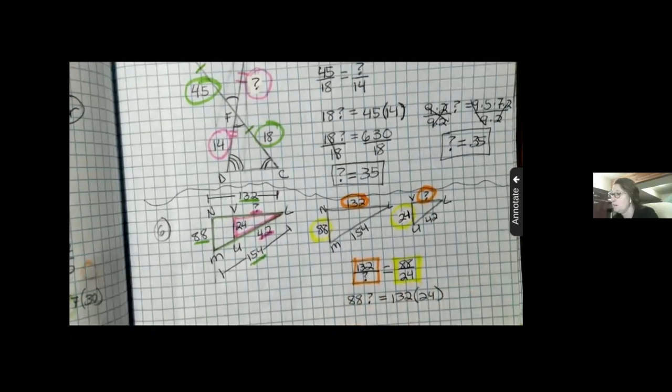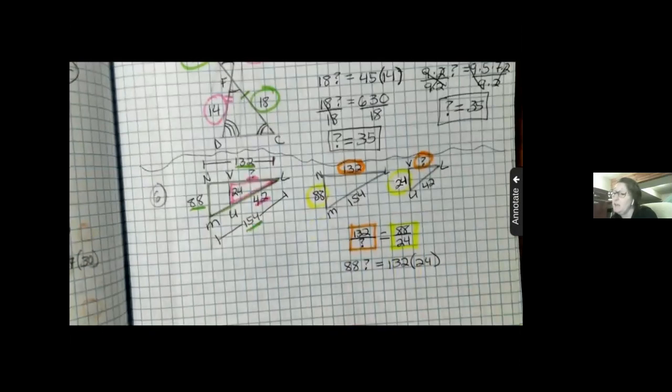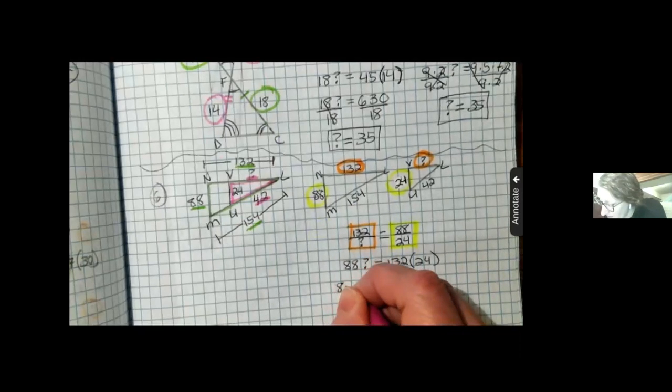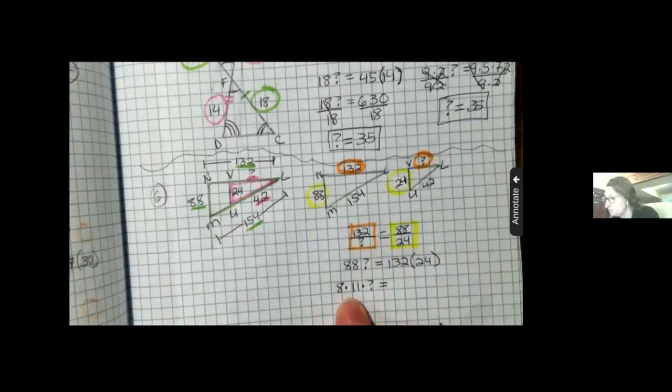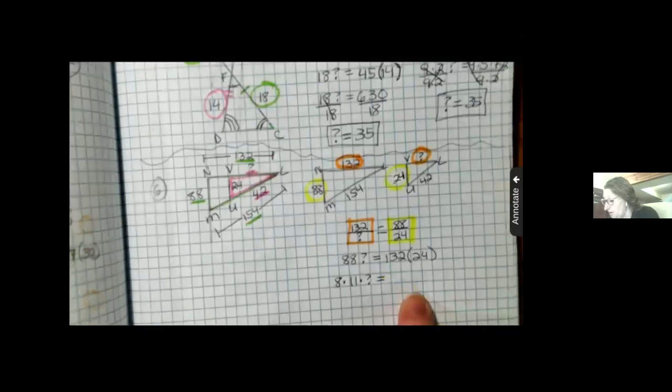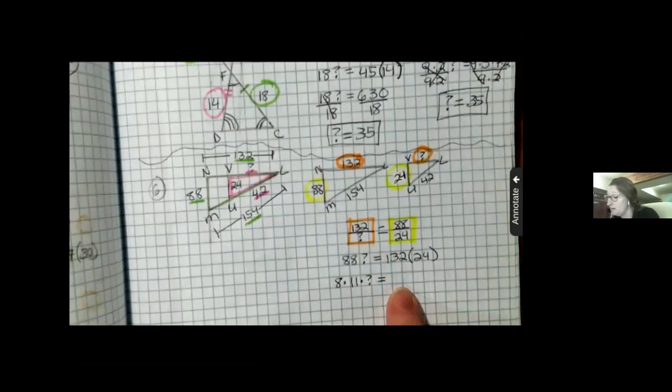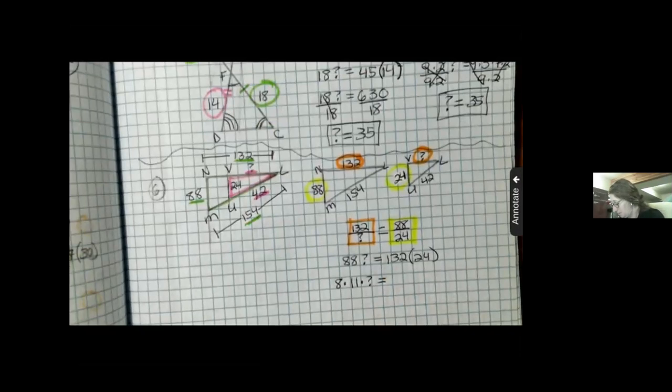Now again, I can use a calculator, but say the computer doesn't let you, or the tester doesn't let you use a calculator. Well, then you got to use common things. So I know that 8 times 11 times question mark equals 88. 132 is a lot bigger, but I'm going to ask myself, does 11 make 132? I think it does. Yeah, so that's what I remembered.